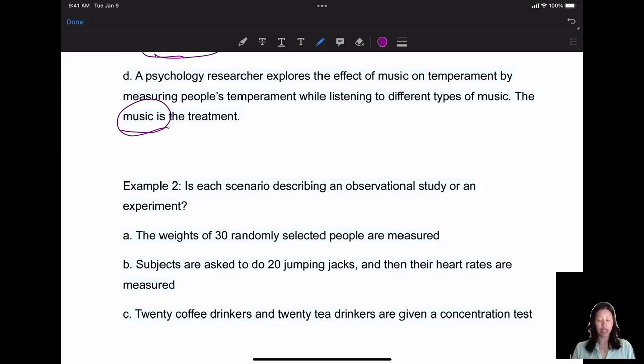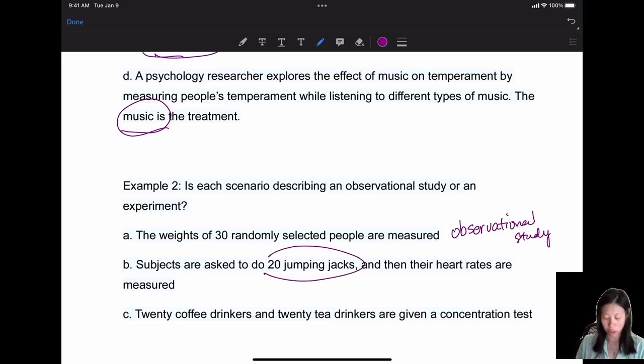So this is another example. In each scenario, decide whether it describes an observational study or an experiment. The weights of 13 randomly selected people are measured. So there is no treatment here. So this is an observational study. Subjects are asked to do 20 jumping jacks and then their heart rates are measured.